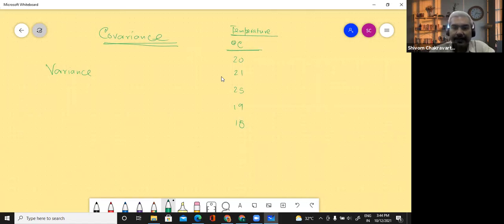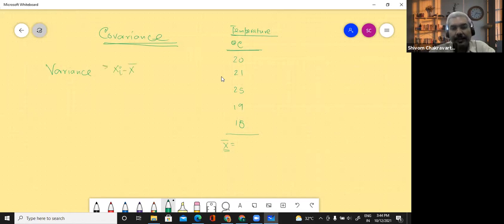So how do we calculate variance? First we calculate the mean, let's call it x bar. Then for each data point, we calculate how far it is from the mean.